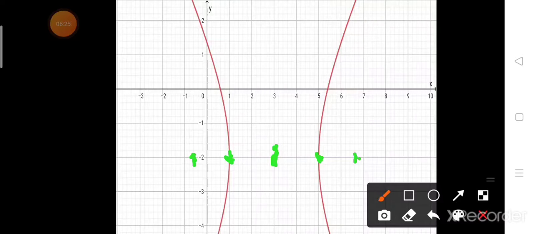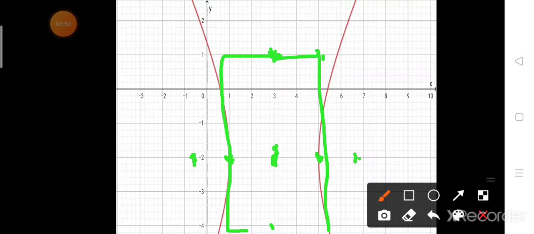And we also have the endpoints of the conjugate axis: (3, 1) and (3, negative 5). Sorry for the imperfect graph.